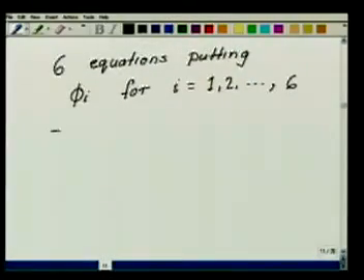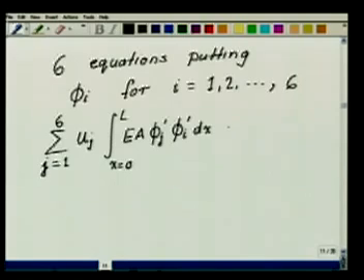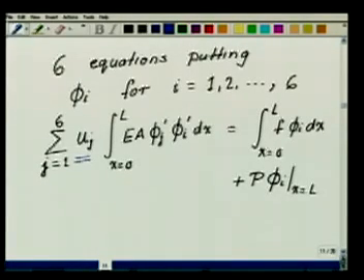If I put the expression for u6, I can write it like this: the sum over j equal to 1 to 6 of uj times the integral from x equal to 0 to L of EA phi j prime phi i prime, is equal to the integral from x equal to 0 to L of f phi i dx plus p phi i evaluated at x equal to L. So you see, by substituting the expression for u6 in our weak formulation and using w6 equal to phi i, we get the ith equation in terms of these unknown coefficients uj.